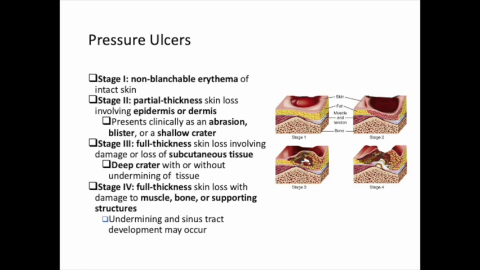And deep tissue pressure ulcers are like stage 6, with persistent non-blanchable skin, and they actually look very purple, maroon, burgundy type color with epidermal separation. But most of the time when we see pressure ulcers in the hospital, they're usually just staged from 1 to 4. So if you want more information about 5 and 6, please go to your textbook and read a little bit more on that.